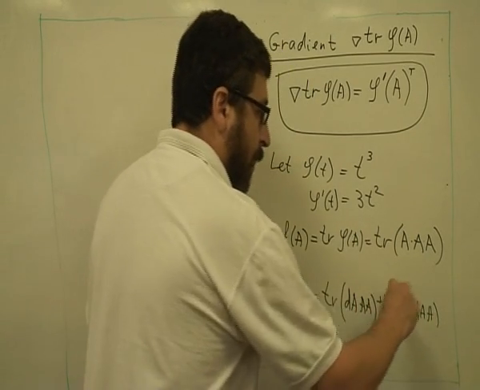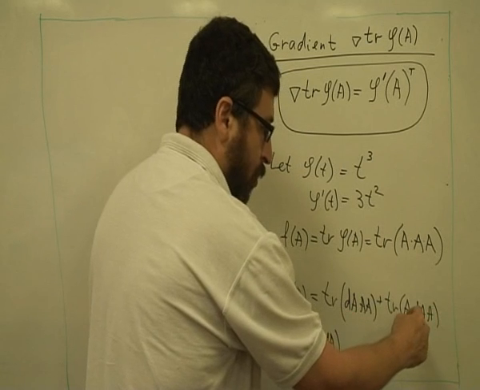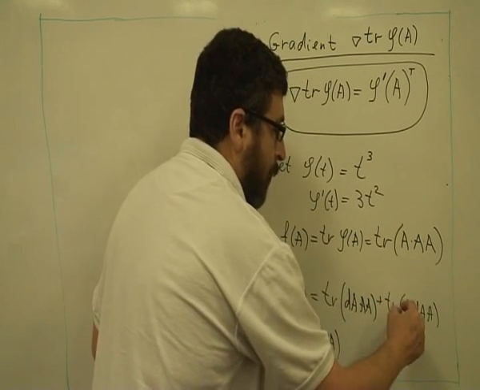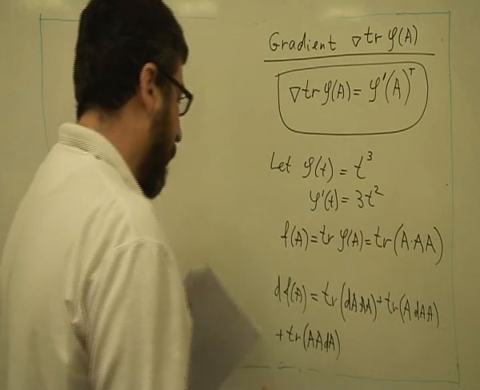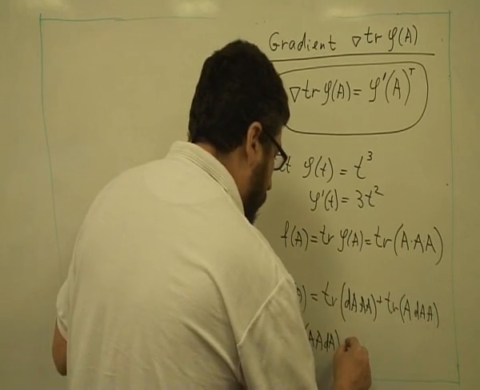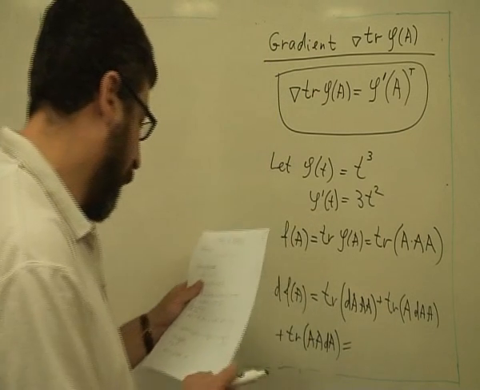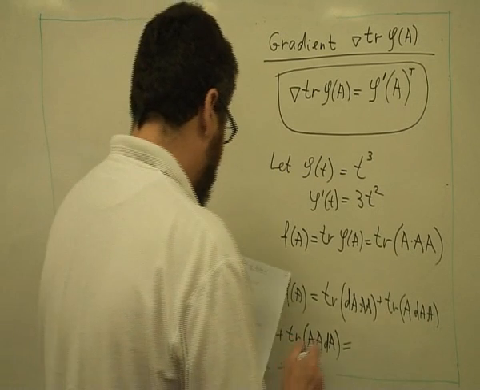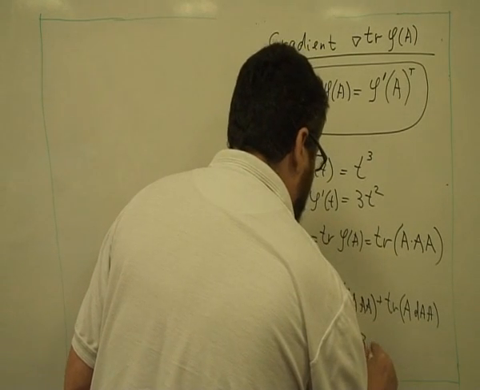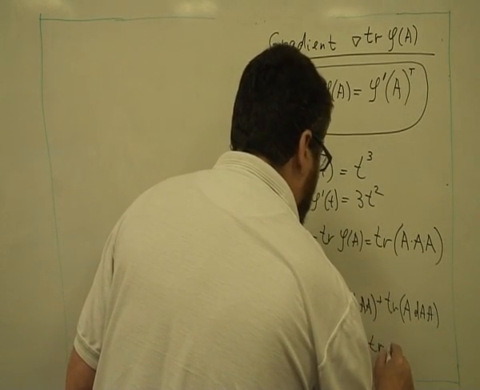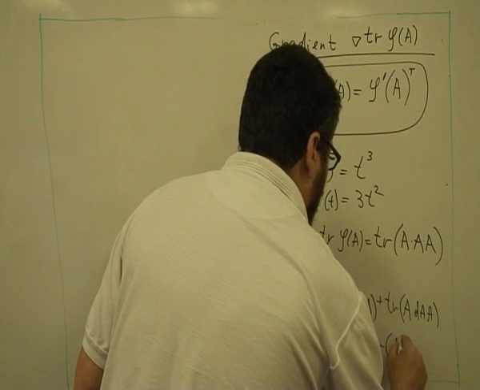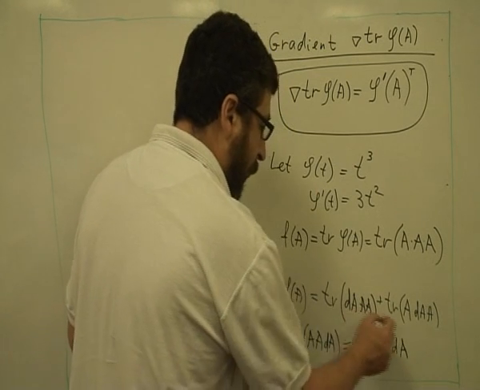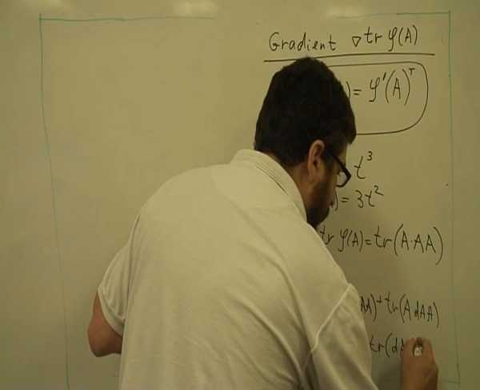It means that if there are many matrices under the trace, I can do a circular shift of this expression. And what I finally get is just 3 times trace dA, and instead of A by A, I will write A squared.